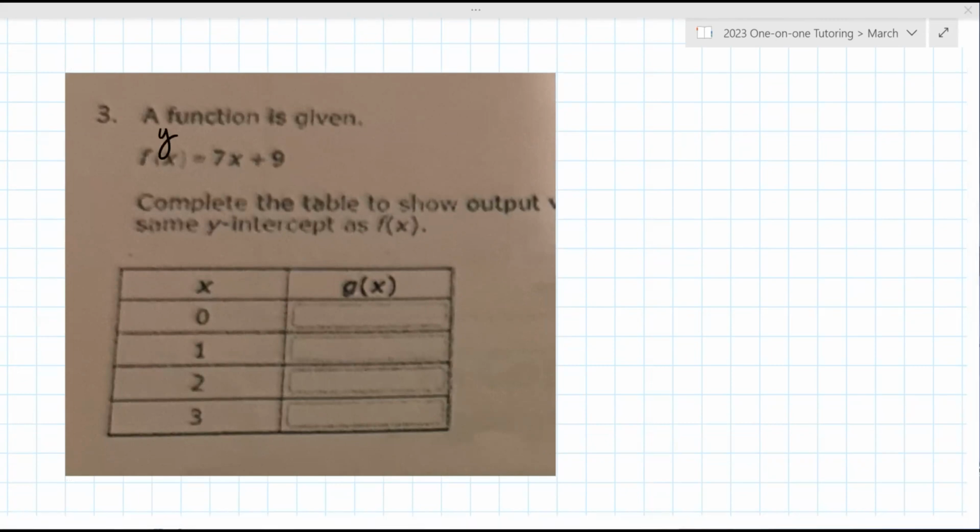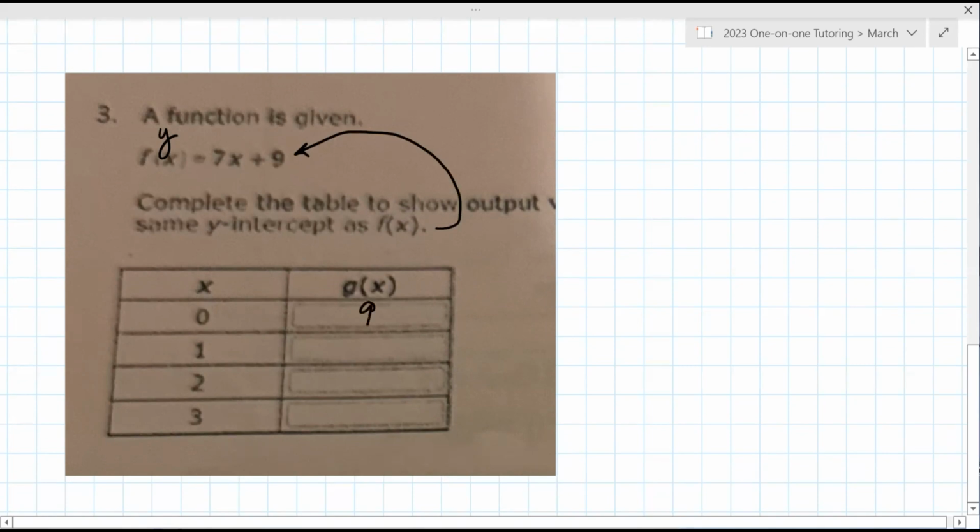It says complete the table to show output values for a linear function g of x that has a greater rate of change but the same y-intercept as f of x. What is the y-intercept of f of x? 9. And what is the slope of f of x? 7. So a greater rate of change means a greater slope, so it has to be anything greater than 7.